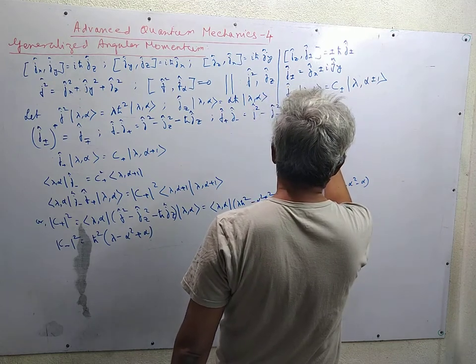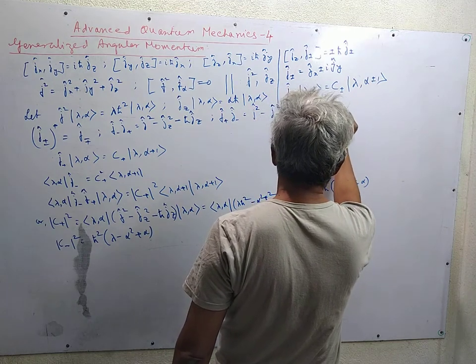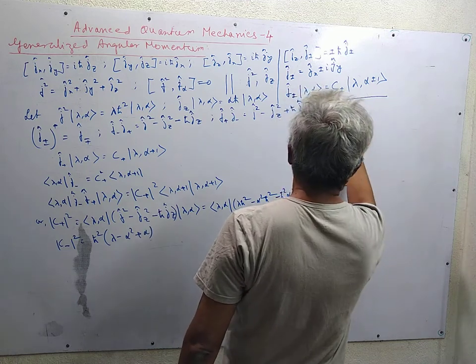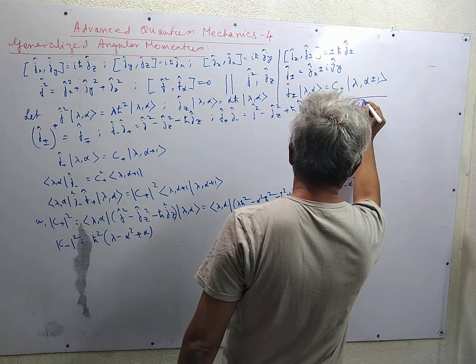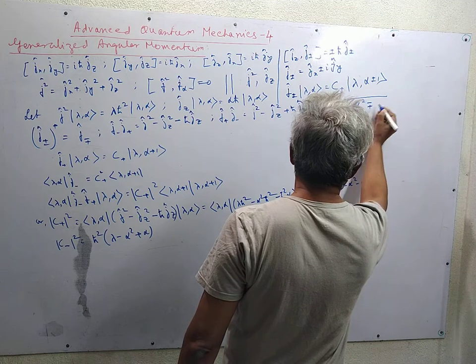So C plus minus is equal to h line times the square root of lambda minus alpha square minus plus alpha.